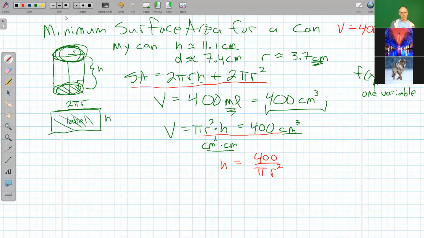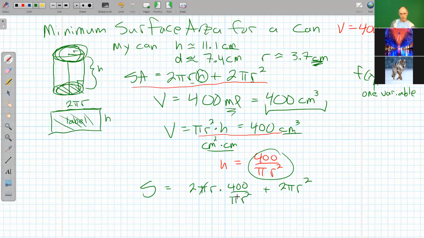So then what I'm going to do is, back in the surface area, I'm just going to call that S for surface. I can now rewrite that by replacing the h with that right there. So I've got 2 pi r times 400 over pi r squared, plus the 2 pi r squared. And we can clean that up a bit.